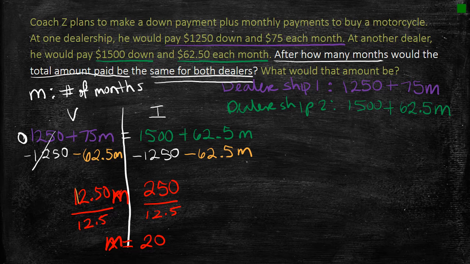Now let's remember what that means. M is the number of months, 20, and we set them equal to each other. So we know that at 20 months, the amount he pays to each dealer would be the same. Now let's write that in a sentence.